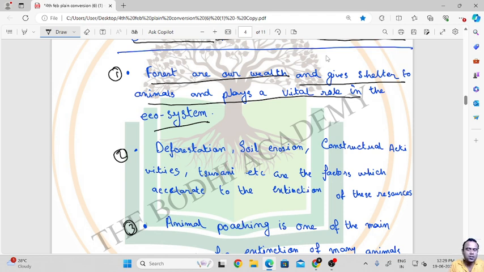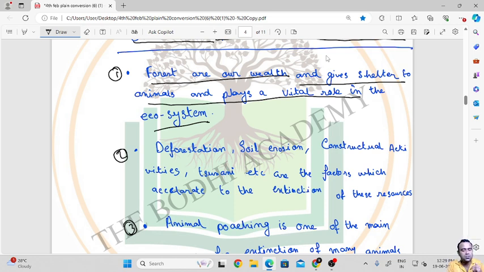Why? It gives us timber. It gives us food. Forests produce oxygen and inhale carbon dioxide. The herbivores are eating the leaves of these trees, so their food chain is totally dependent on these forests, right? And the carnivores are eating the herbivores.